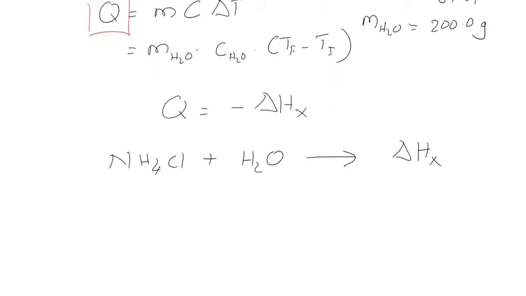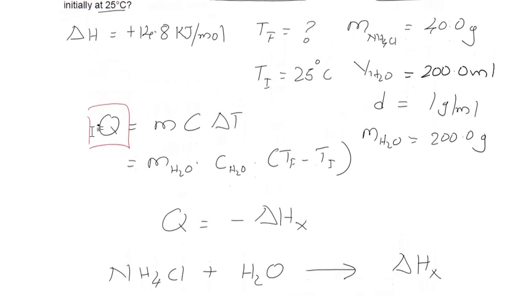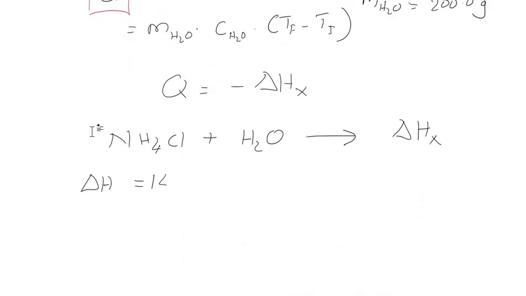Now, we have been given that delta H is 14.8 kilojoule per mole. However, we need delta Hx. Now, how to determine delta Hx?